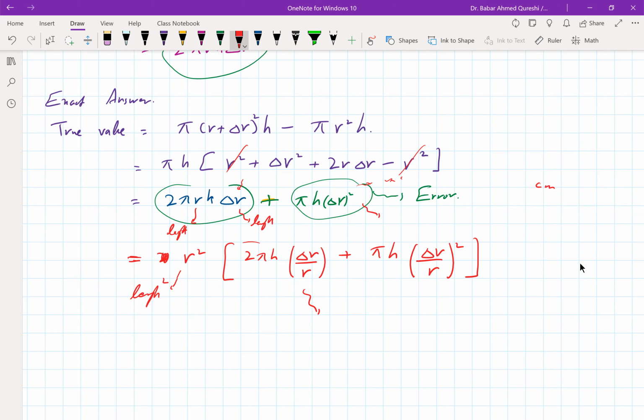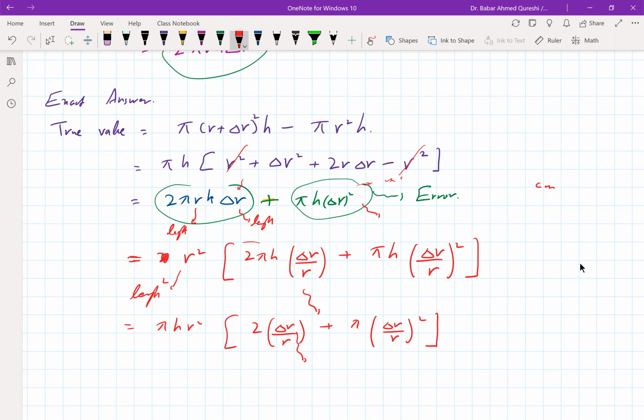But when I make it dimensionless, I can take 2 pi h outside as well. Now these are truly simple numbers. They have no dimension, because this is length over length, so no length is involved.